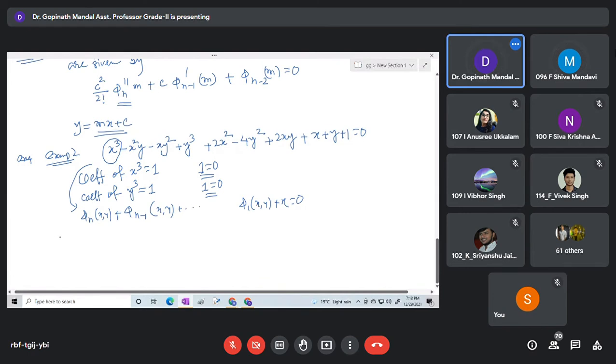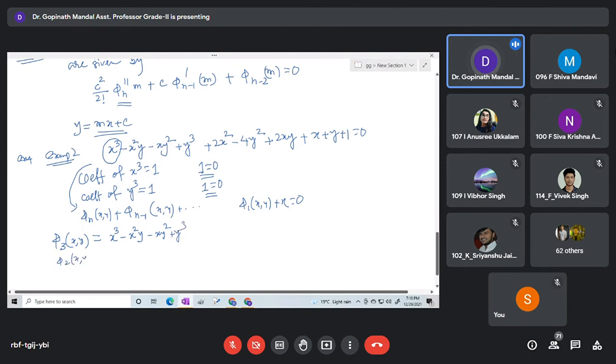Here phi 3 xy will be x cube minus x square y minus xy square plus y cube.